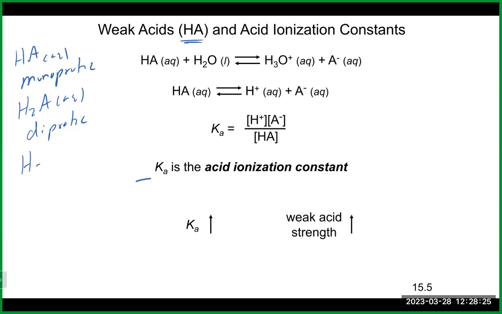And if you ever needed a triprotic acid, which could give away 3 protons, and you don't really have a formula, you could just use that as a generic. The difference between each of those is the negative ion. Remember that the cation in all those acids is H+, which means in this case, A has a -1 charge. In this case, A has a -2 charge. And in this case, A actually has a -3 charge. So when we do have a weak acid, it will set up an equilibrium.